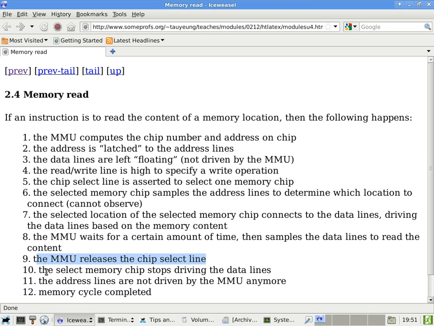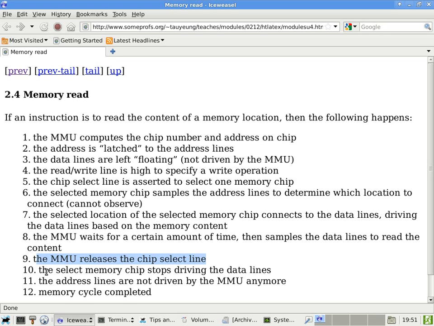In other words, the memory chip will keep screaming on the data line, page 88 is A4, page 88 is A4. We need to let the memory chip know, okay, you can stop screaming now, I got it. Because if the memory chip keeps driving that line, I cannot start the next cycle. Is that making any sense?